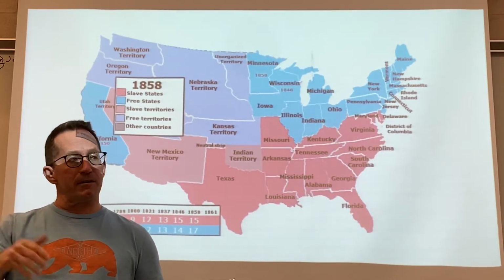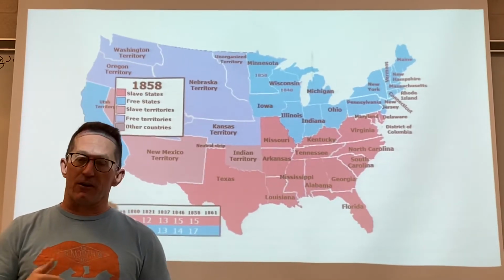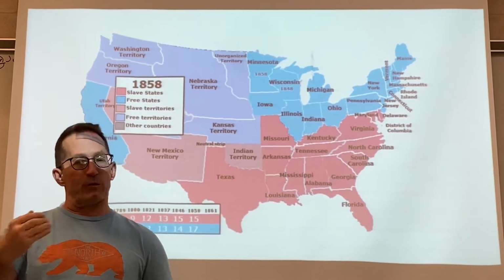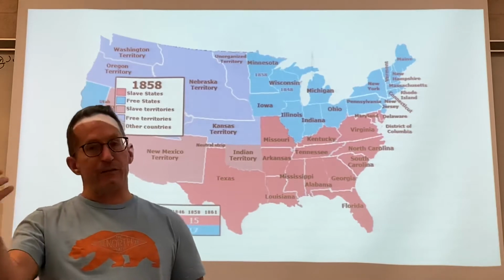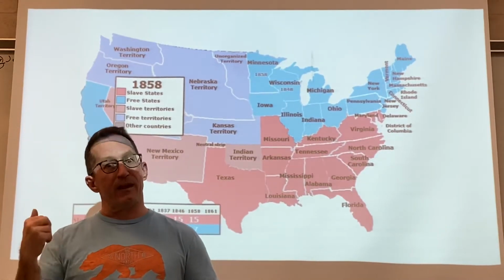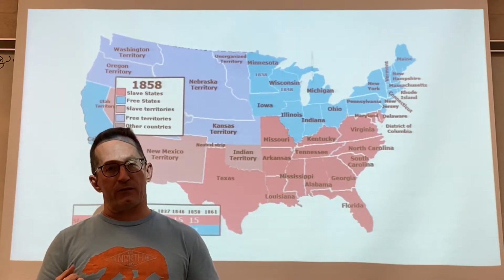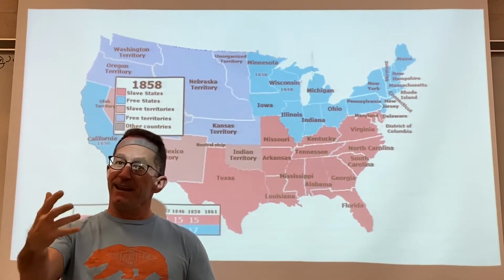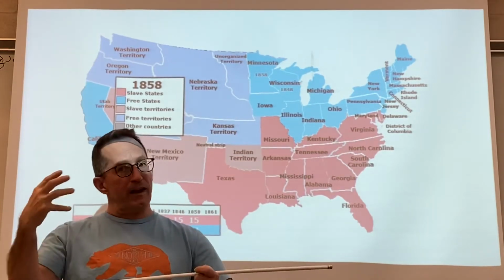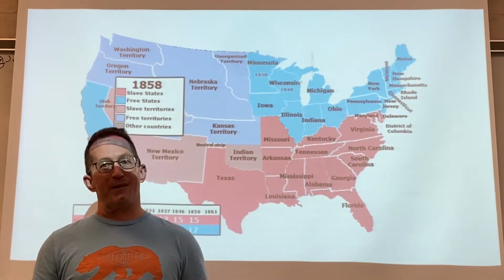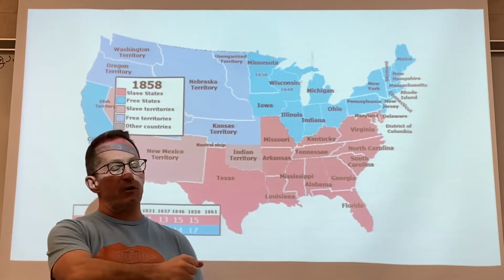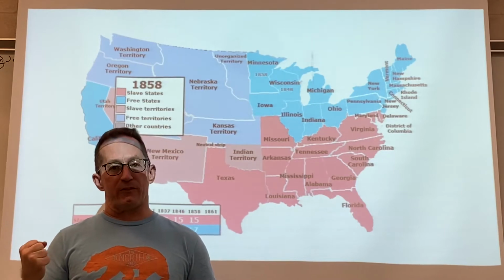The southern states are very concerned that if free states outnumber the slave states, that the free states, their representatives and senators, will outnumber the political power of the slave states, their representatives and senators. And then, if they're outnumbered, if the slave states have less political power, eventually slavery will be found illegal, unconstitutional, and slavery would be stripped away from these southern states.